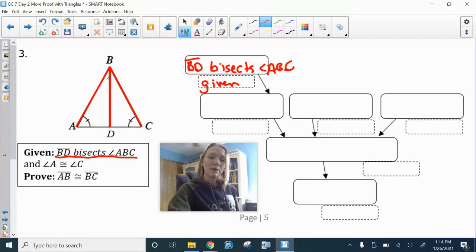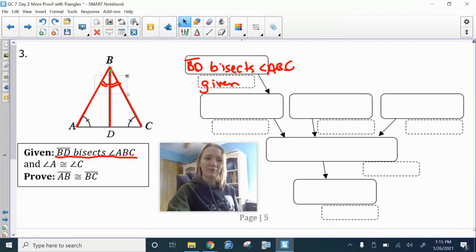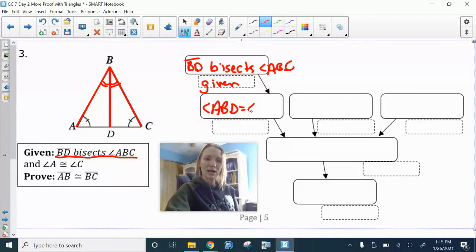All right, so if BD bisects ABC, that means this top angle by point B has been cut in half. It's been cut into 2 equal parts. So we're going to need to say what 2 equal parts we have. So we can see on the top left, we have this angle up by point B, and on the top right, we have this angle up by point B. We're not going to say B is equal to B. We're going to say angle ABD is equal to angle, you could either go CBD, which is what I'm going to do, or you could say DBC, which is fine too.